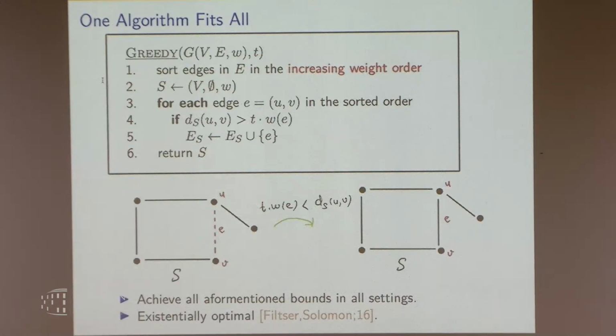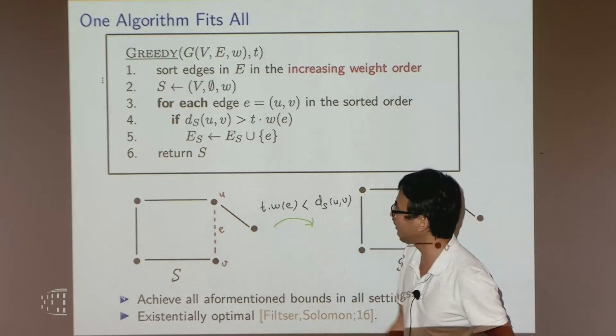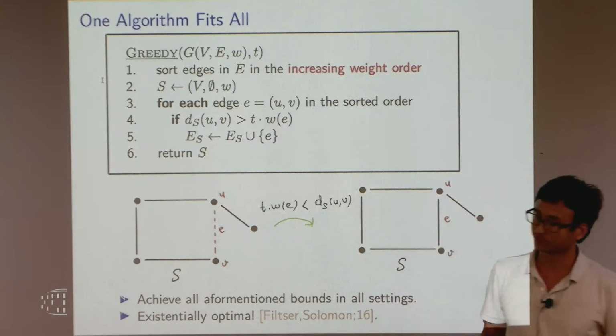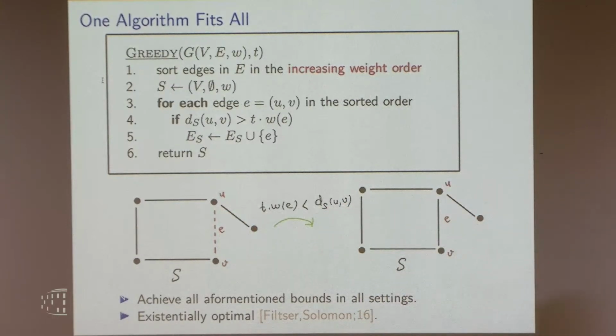And there is one simple algorithm that produces all kinds of results that I showed you. A single algorithm that gives a good spanner in every setting I told you about, which is kind of weird. It's called the greedy algorithm, very similar to classical ones. You sort the edges in increasing order of weight. When you come to consider an edge, you check whether the distance between its two endpoints is currently too large compared to the weight of the edge.